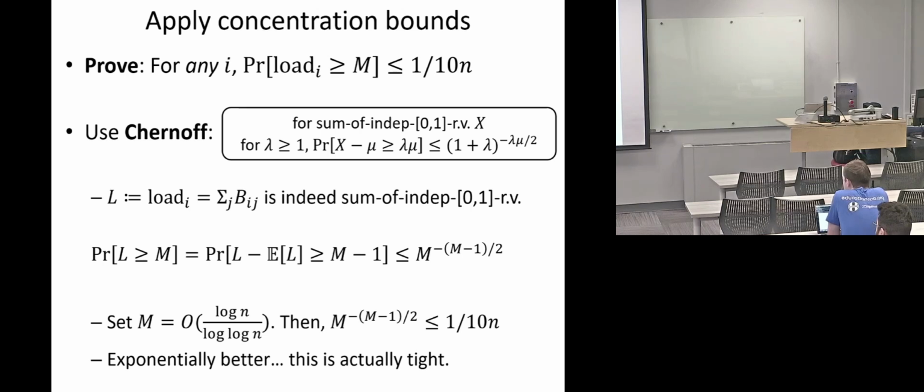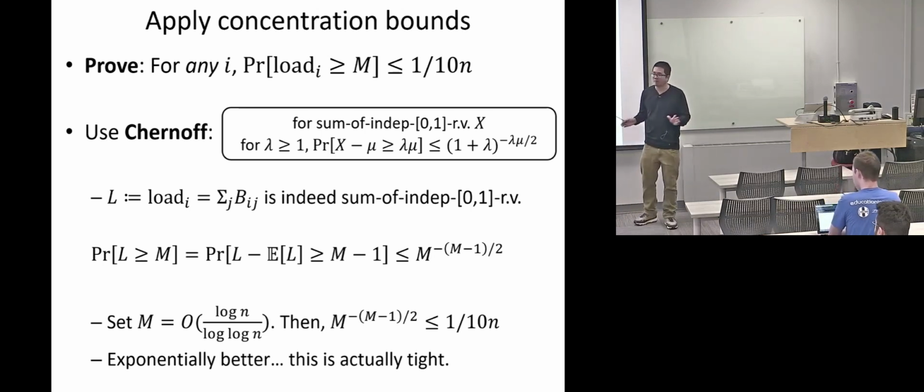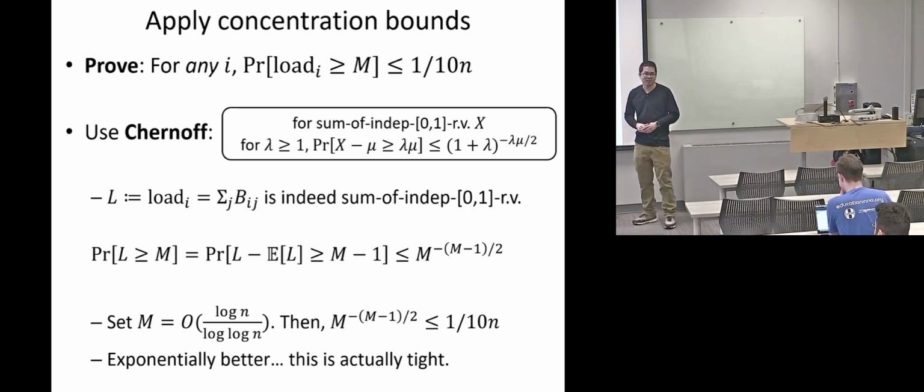For each j, they are independent, so you can apply the Chernoff bound. Load I is a valid random variable to apply the Chernoff bound. Not all of them are, right? You need to be careful, but here we can.